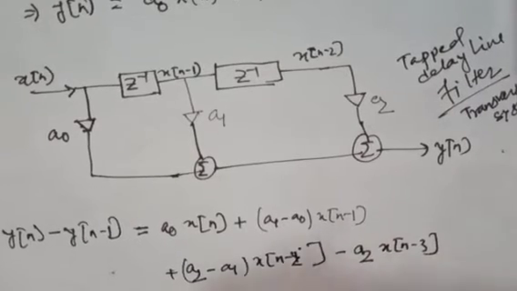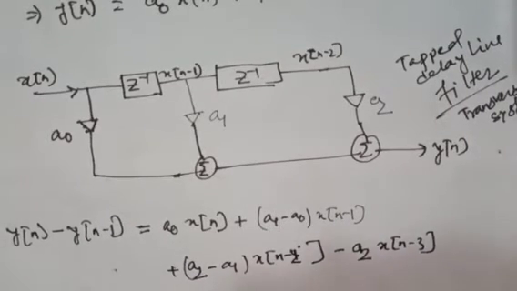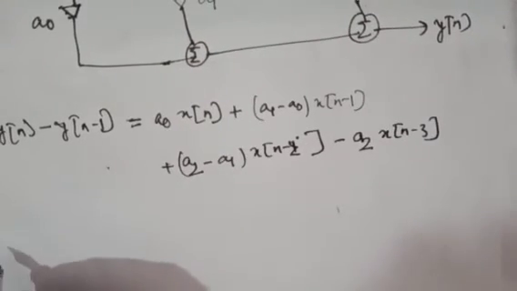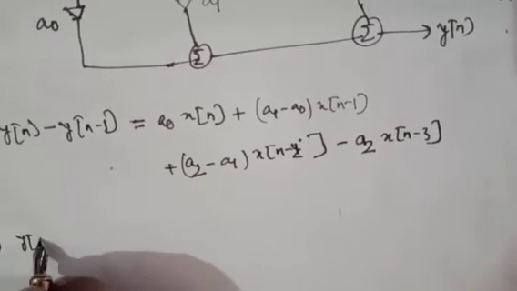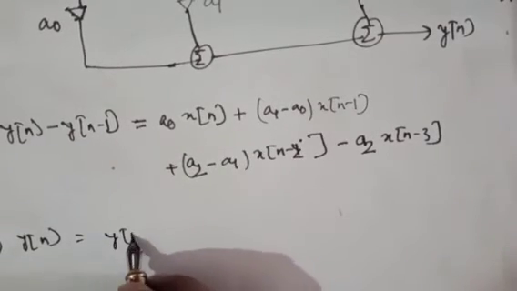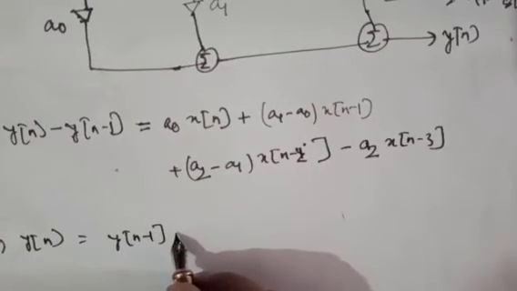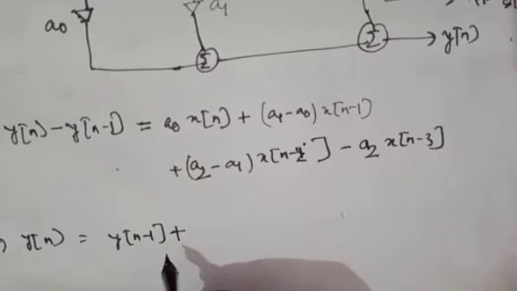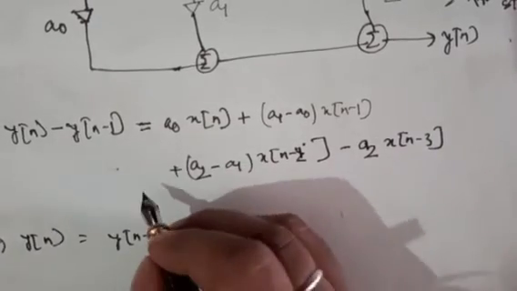Now let us see it this way. For y of n, you just put this y of n minus 1 on that side, so y of n minus 1 plus, and let us consider different constants.